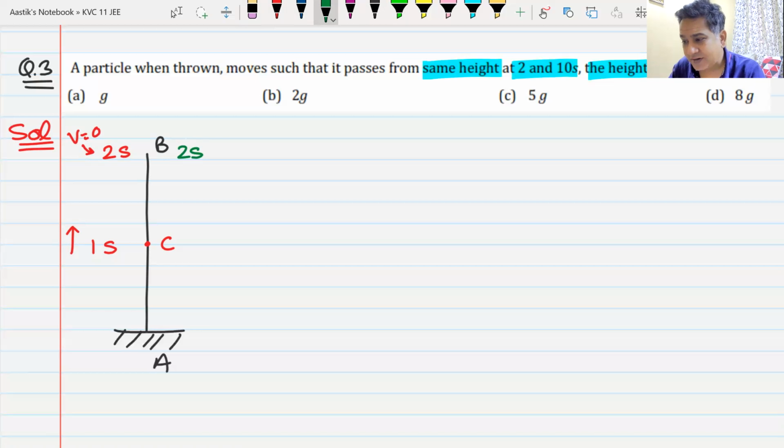Do you know where it would be at 3 seconds? It would be at the same point, but now moving downwards.